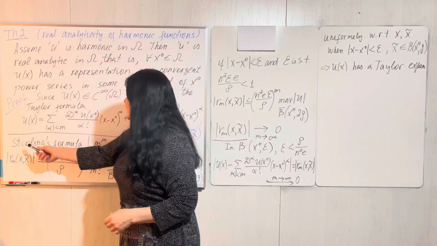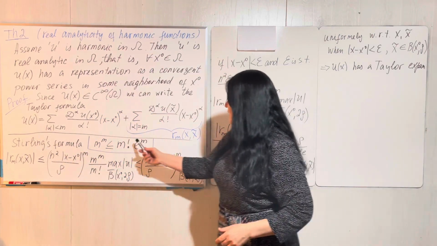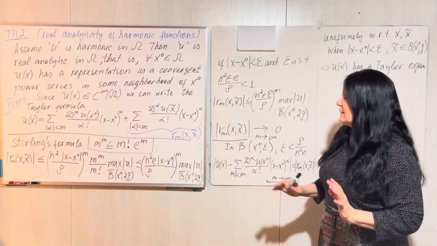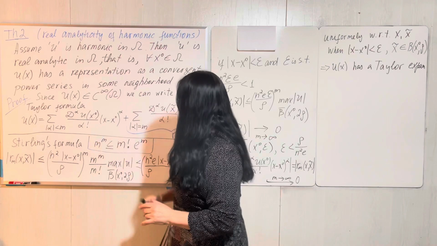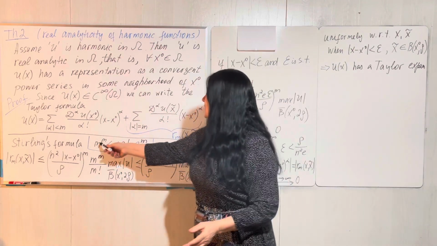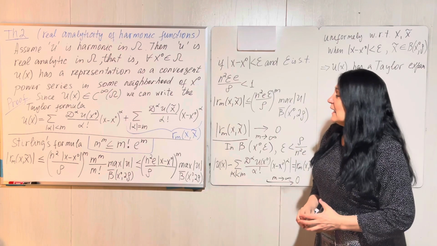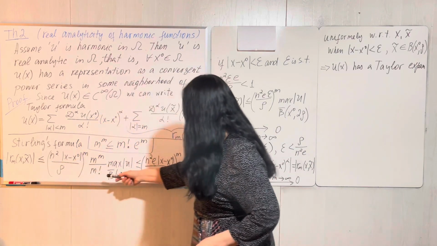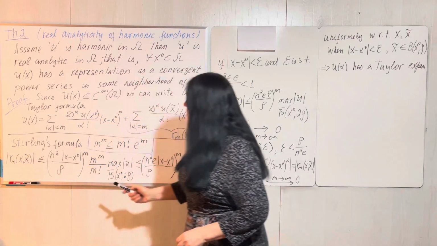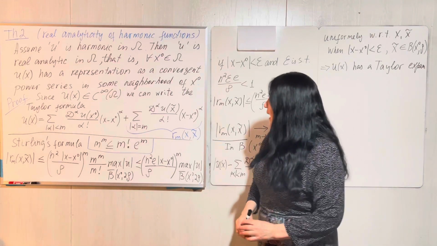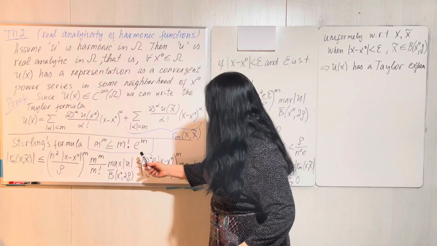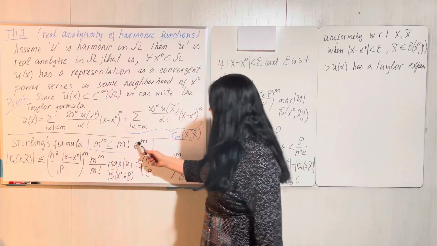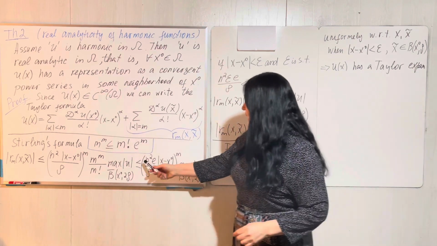So here is Stirling's formula written in the form that is convenient for us. I will not be talking about the derivation of this formula at the moment, but there is such a formula. All right, and then here I just copied the inequality that we had on that board, and so now we will use Stirling's formula to replace this term with e to the m, and then we will have the following estimate.